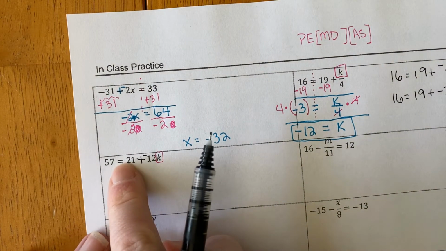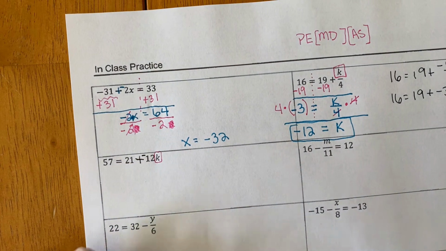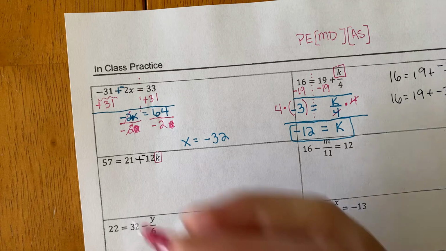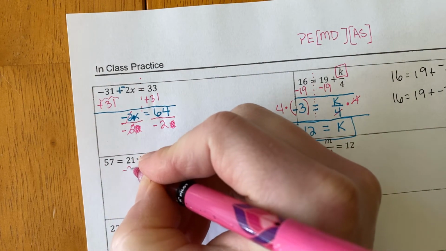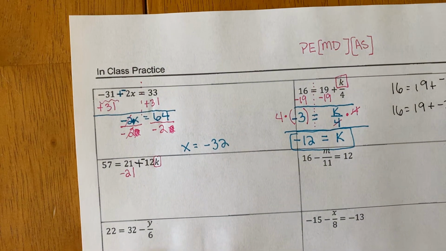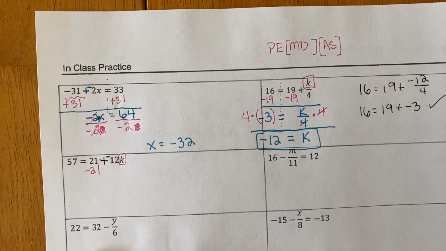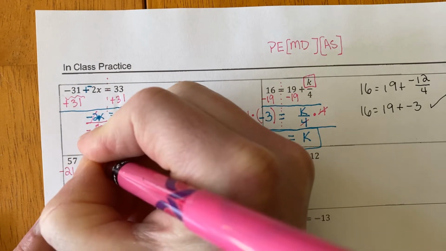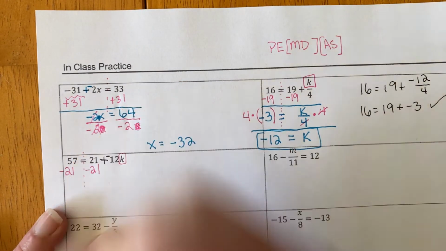And so really, because the sign in front of 21 is positive, that is going to be undone by subtraction. So I am going to subtract that 21 from the side of the equation. And then I am going to make sure I also do it to the other side of the equation to keep it balanced.